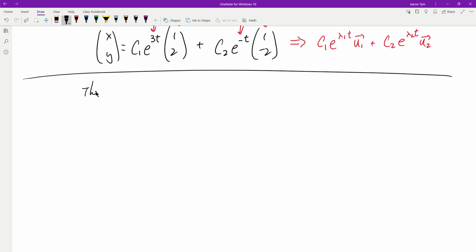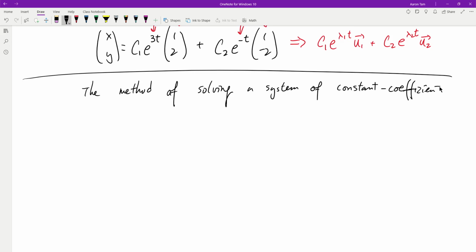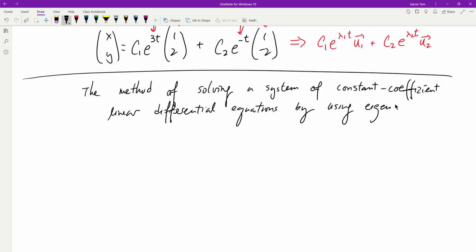So therefore, the method of solving a system of constant coefficient linear differential equations, and we do need the matrix to be a constant matrix, by using eigenvalues and eigenvectors of n dimension.